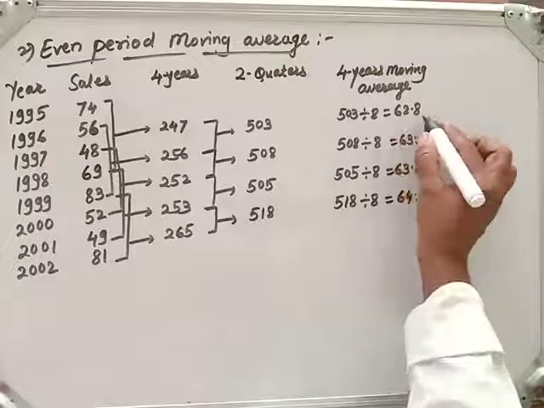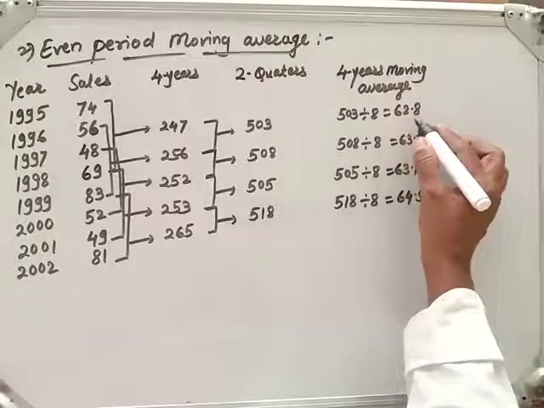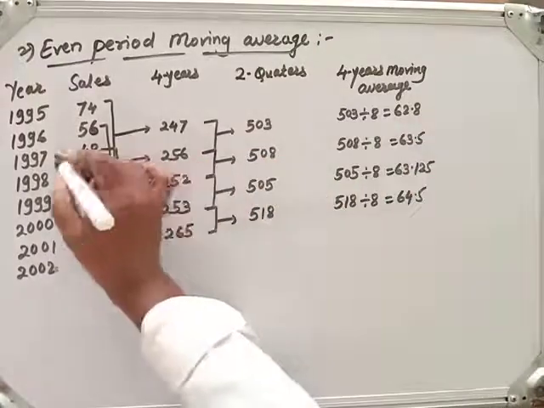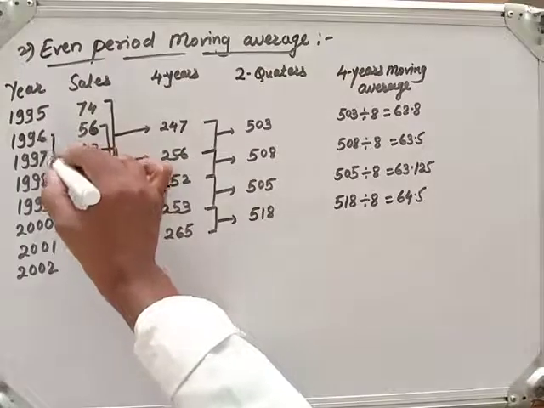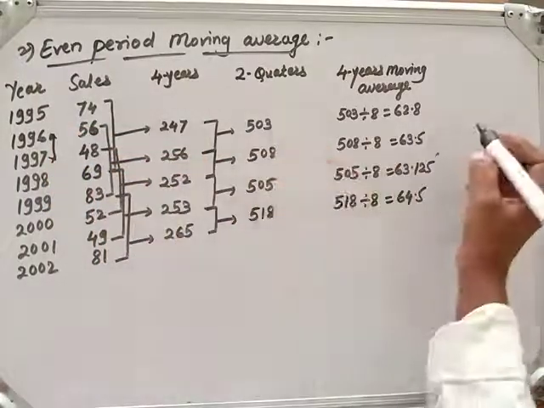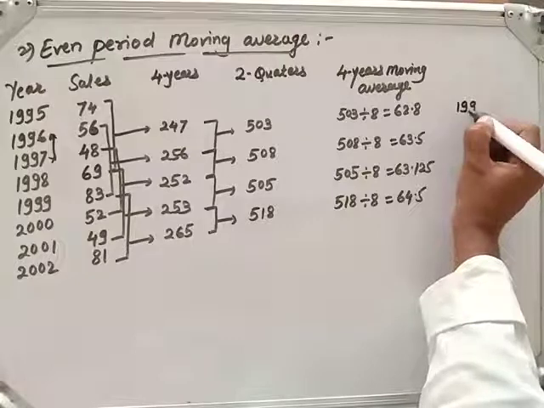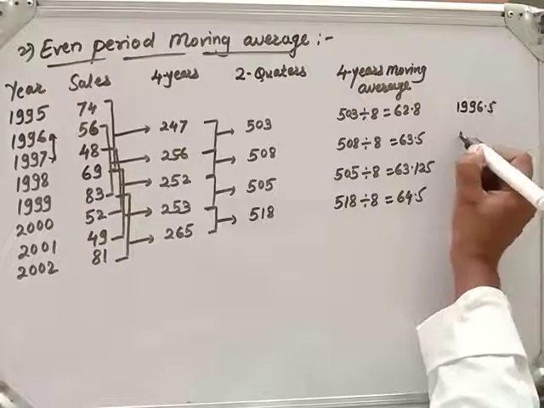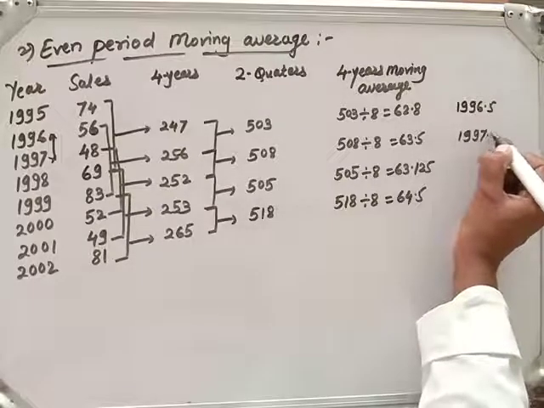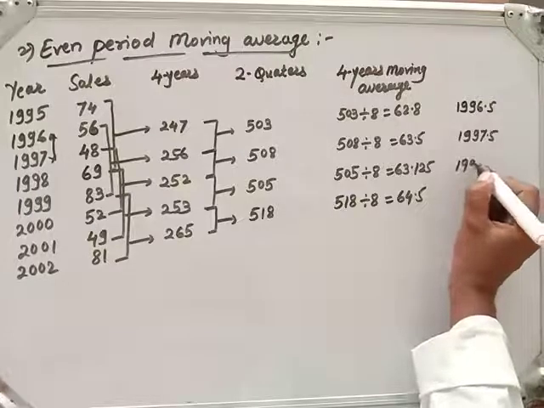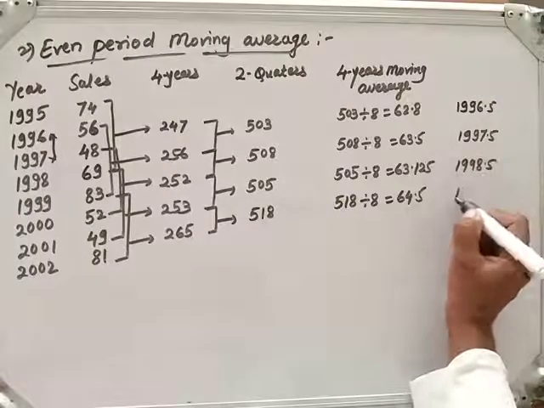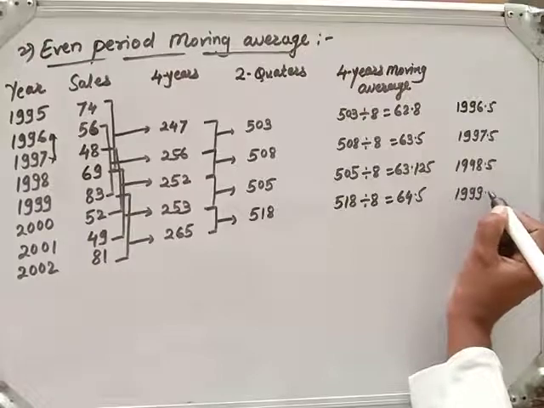Now here what is the middle year? Middle year will be the mean of these 2, which is 1996.5. Here 1997.5. Here 1998.5 and 1999.5.